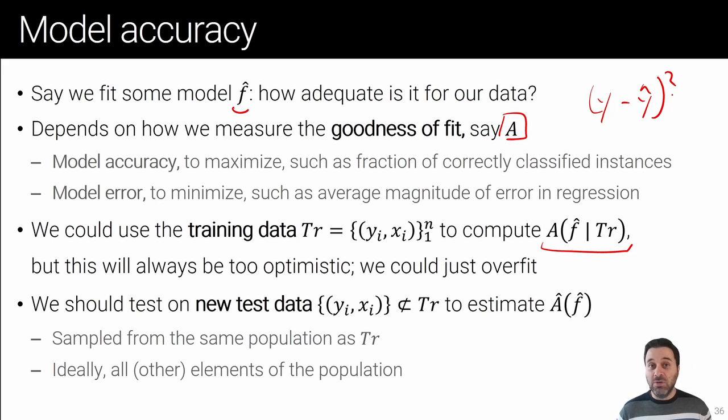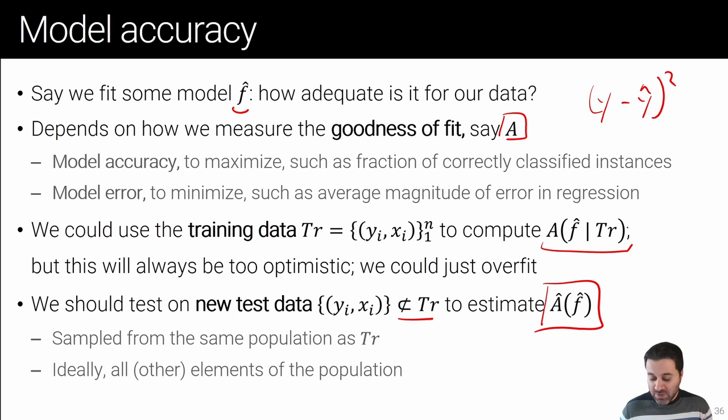Okay, we could look into new data, unseen data, new test data. So let's say we have some new observation over here that is not in the training set. And we want to use that to estimate, in general, the accuracy of the model.